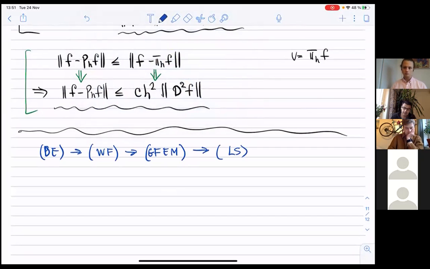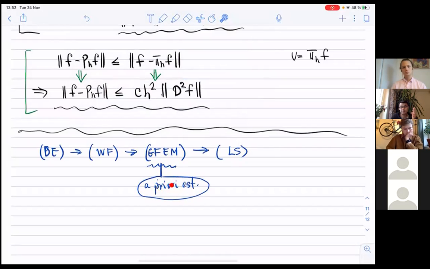Sometimes we do an a priori estimate after coming to this part, before going to the linear system. Before solving for the finite element approximation, we can say that if you solve this differential equation with finite element, the error that you get is going to be that much.